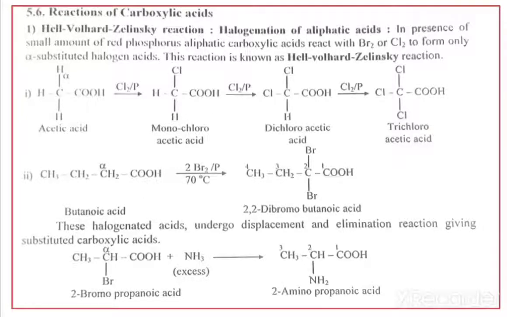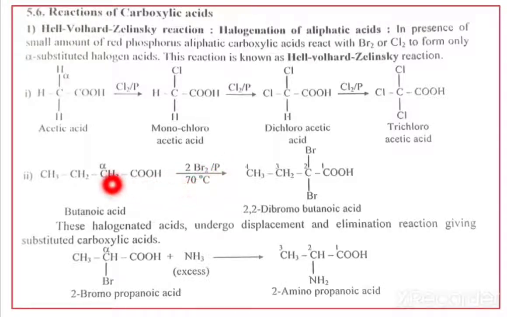Hell-Volhard-Zelinsky reaction. So friends, in Hell-Volhard-Zelinsky reaction, another example here, CH3 CH2 CH2 C double bond OH. This is butanoic acid, 1 2 3 4 carbon, therefore butanoic acid. Now then C double bond OH, this functional group, adjacent to this here alpha hydrogen. Here these 2 hydrogens are present and on treatment with 2 moles of Br2 in presence of phosphorus.